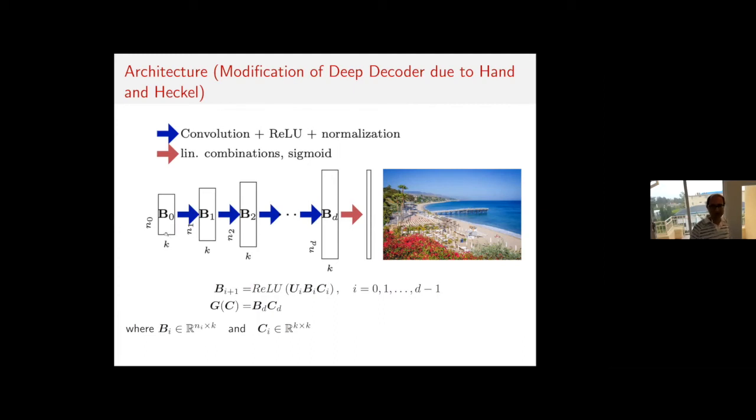From one layer to the next, you apply a convolution. Think of it as a circulant or a subsampled circulant matrix, so it's encoding convolution. Then you also combine these channels from the other side with some other coefficient matrix. This way you get the next layer, you pass it through a ReLU, you get the next layer, and so on, right? So that is the setting.